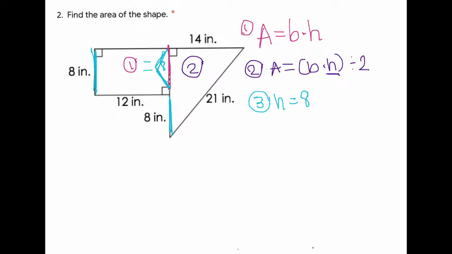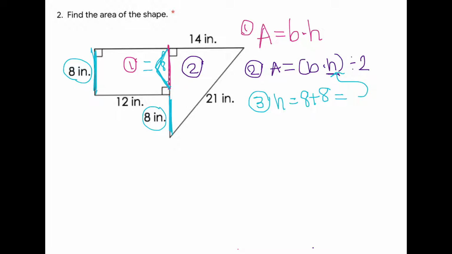So to find our height, we need to do this 8 and this 8 together. To find our height, we're going to do 8 plus 8. And this answer will go in that height. And then you can solve for your area of your triangle.